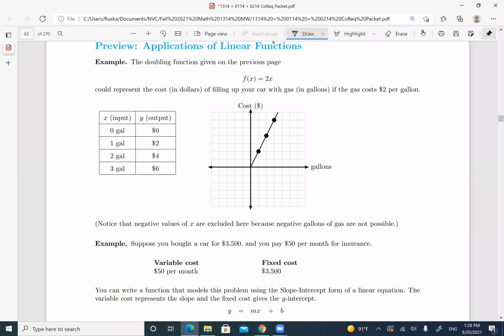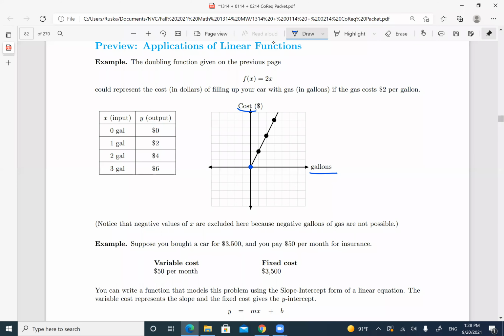If you have something specific, like an application in general, then x and y have to be positive most of the time. So that means the graph is not going to be the whole straight line. It's going to start from 0, 0, because the gallons and the cost are positive numbers, right? It makes sense. So the negative numbers are excluded because x and y represent gallons and cost.